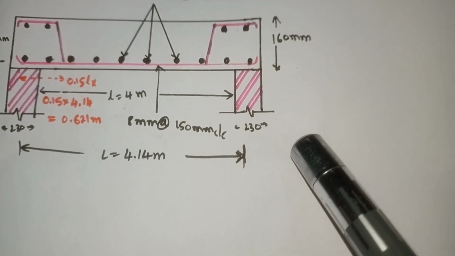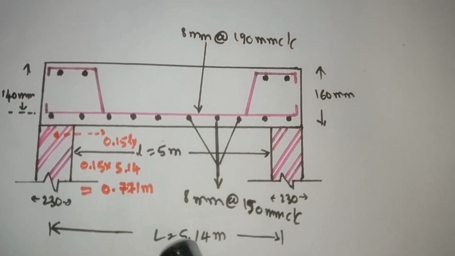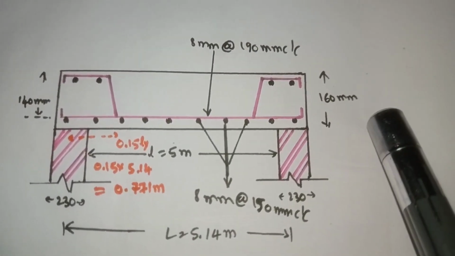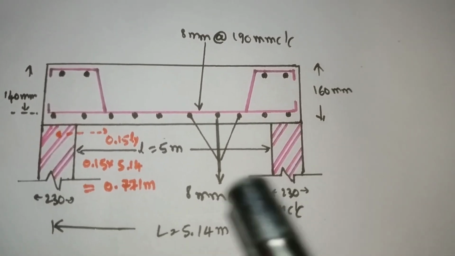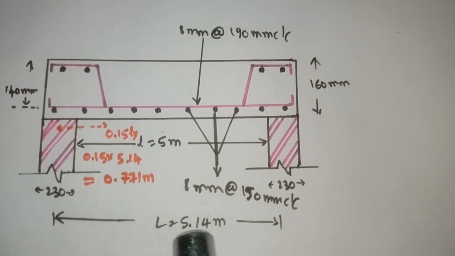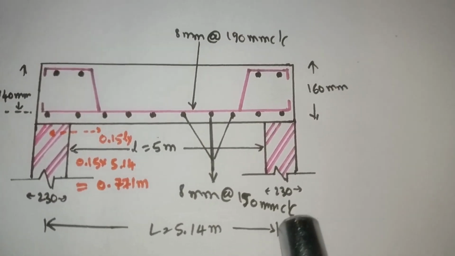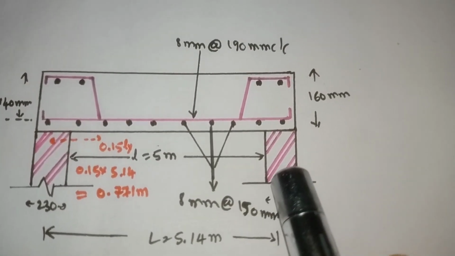We will see the long span diagram of the two-way slab. This is the long span diagram, having an overall depth again of 160 mm and effective depth of 140 mm, with a length of 5 meter and an effective length of 5.14 meter from here to here, and 230 mm wall thickness on both sides.